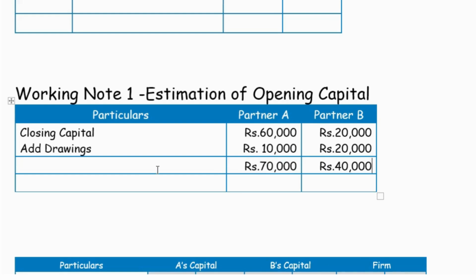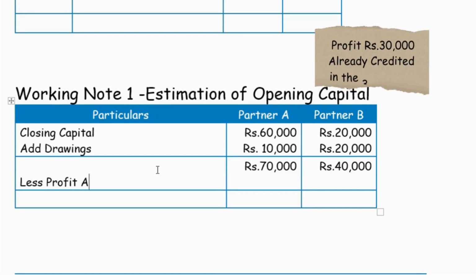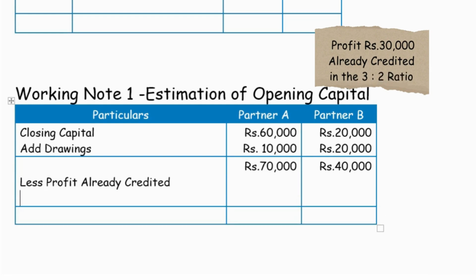We have learned this format in the previous video, and we have to deduct the profits already credited. That is, 30,000 was credited in the ratio of 3:2. This amount was credited previously in the ratio of 3:2.